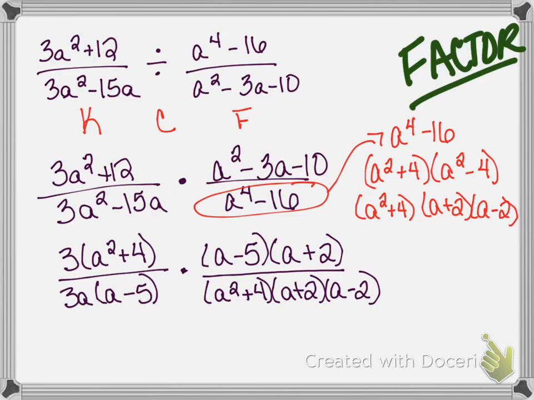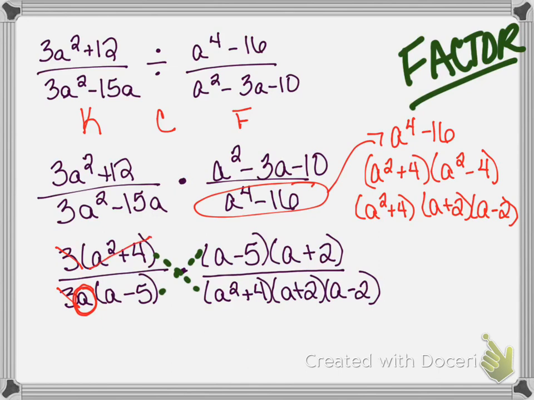We are multiplying, so it is a cross-cancel situation. If it's on the top and if it's on the bottom, you can simplify it out. Now, here I've got a 3 that I can simplify. Be careful with that a right there. It's easy to lose that a, so be careful. Okay, that's why sometimes the different colors are helpful.